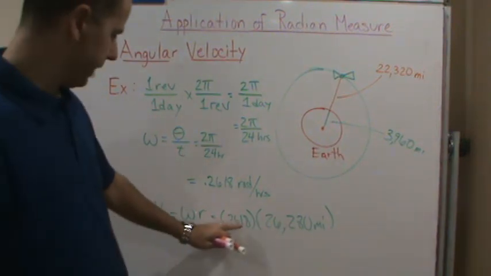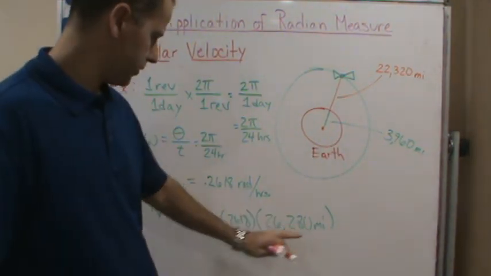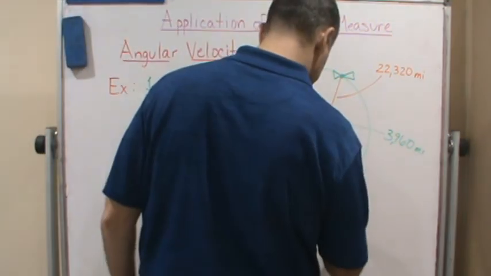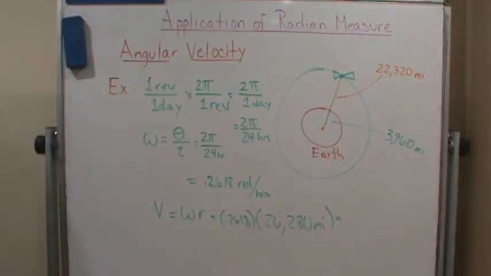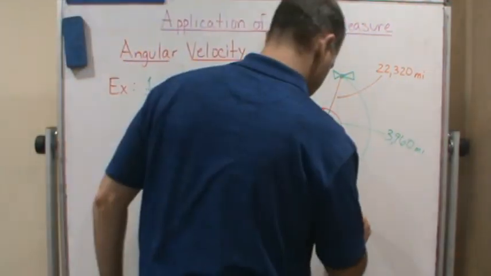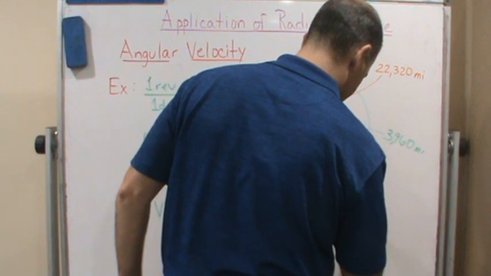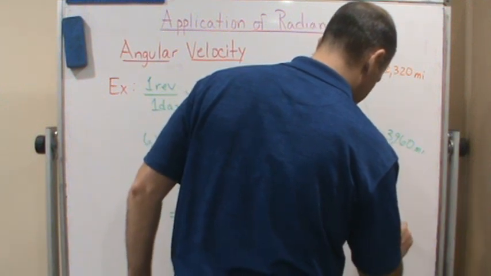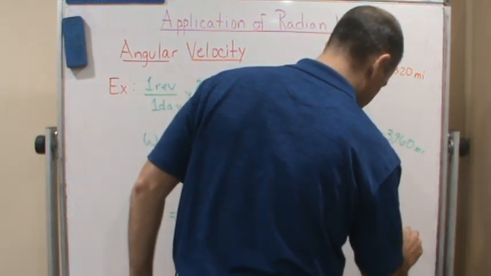And so this is radians per hour. This is miles, so we're going to get miles per hour. Let's see how fast this satellite is moving. If we calculate this in our calculator, it is approximately 6,880 miles per hour.